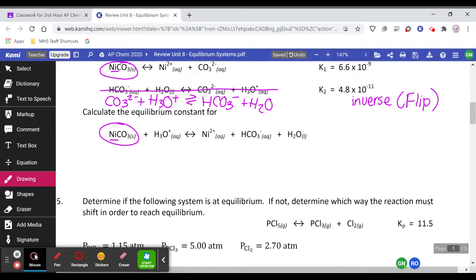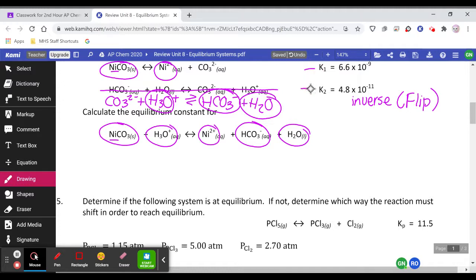Okay, so my hydronium's good. I'm going to go ahead and circle that just so I realize it. My nickel, we have nickel on the right side, nickel on the right side, so it's fine. HCO3 is on the right side, 1 mole of each, it's fine. Water's fine. So that's all we have to do then is multiply these K values together, remembering that we have to take the inverse of the second one.